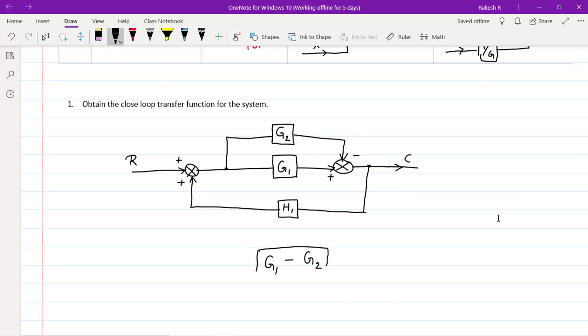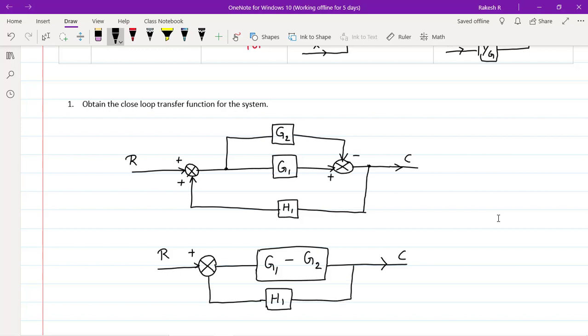So these two become a single block, with input R and output C, but we have the summing point in between. So I'll write the summing point with input R, with a positive sign, and we have one more, the feedback loop H1. H1 is the feedback loop here, this is negative, and this is the takeoff point here.